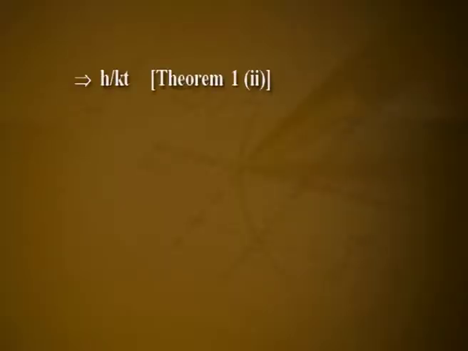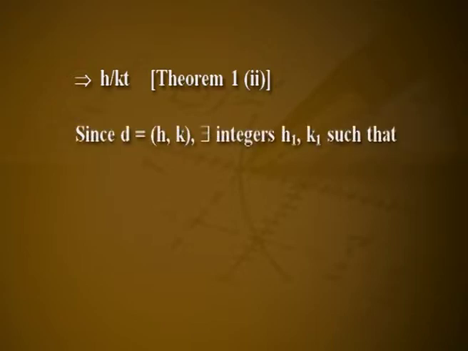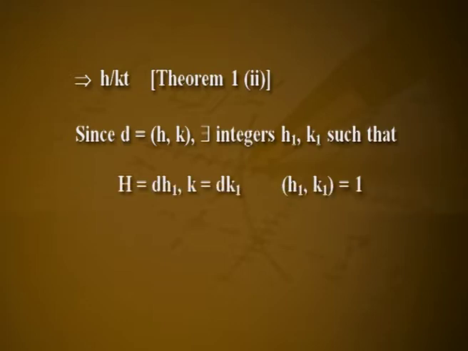Proof. Let a raised to k have exponent t mod m, so a raised to kt is congruent to 1 mod m. Also, a has exponent h mod m, which implies h divides kt by theorem 1, 2. Since d is equal to GCD of h comma k, there exist integers h1, k1 such that h is equal to dh1, k is equal to dk1, where GCD of h1, k1 is equal to 1.